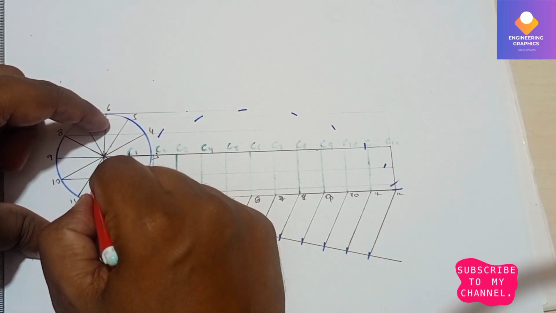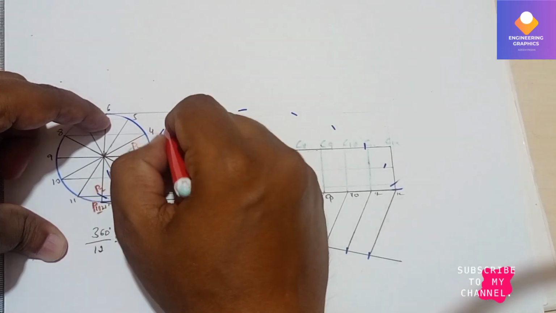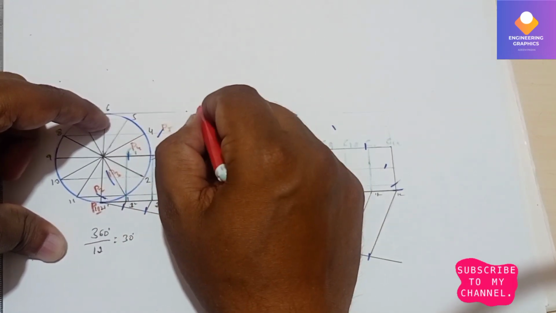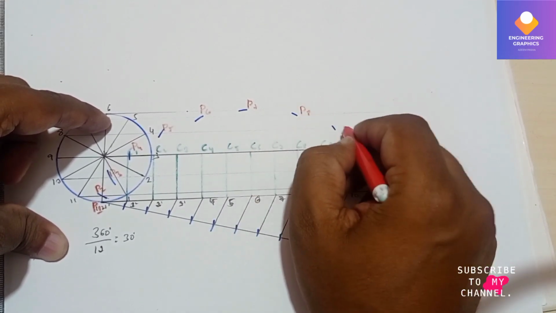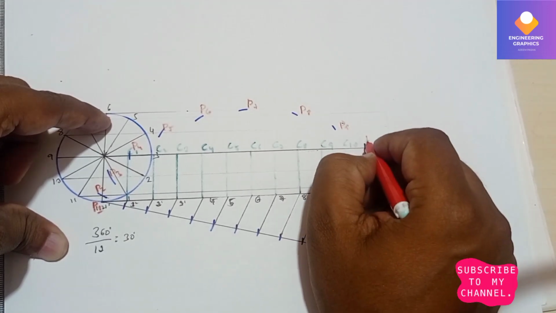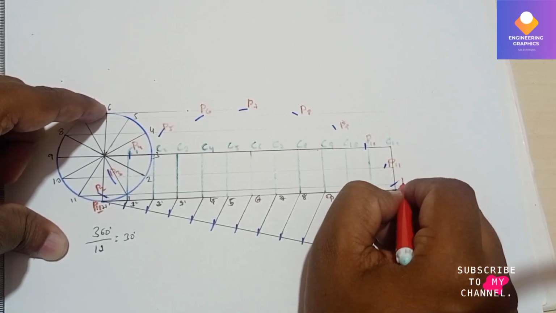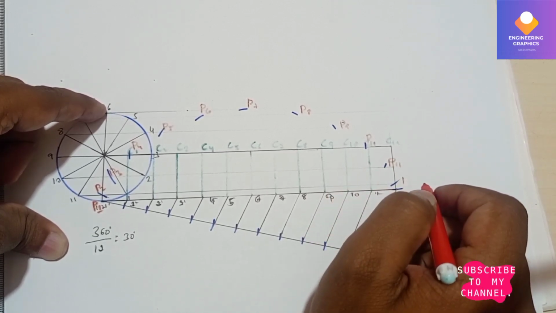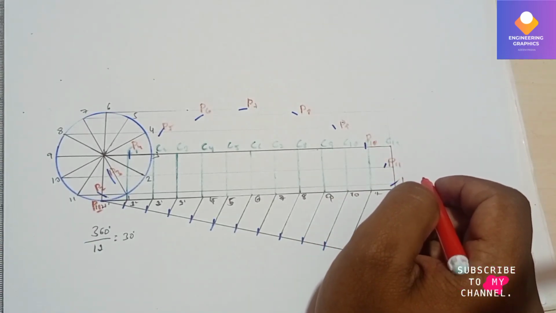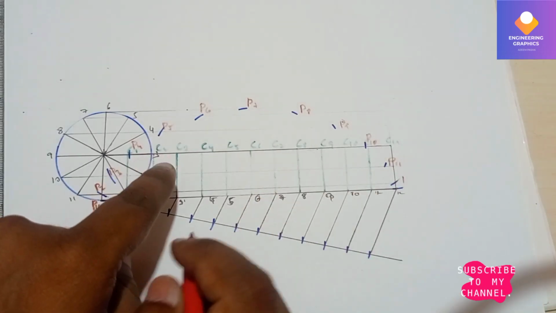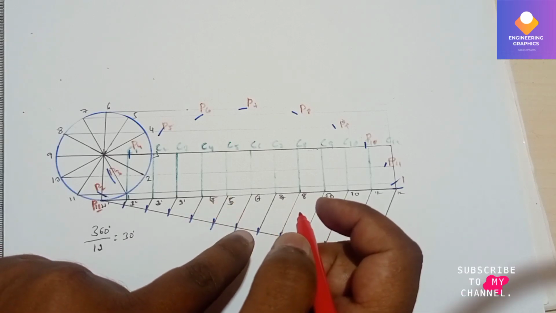So where we are getting this is P2, P3, P4, P5, P6, P7, P8, P9, okay, P10, P11, and sorry, this is P10, P1, P2, P3, P6, P7, P8, P9.